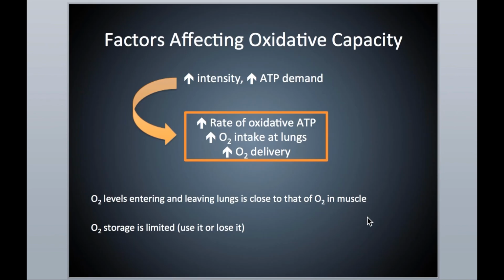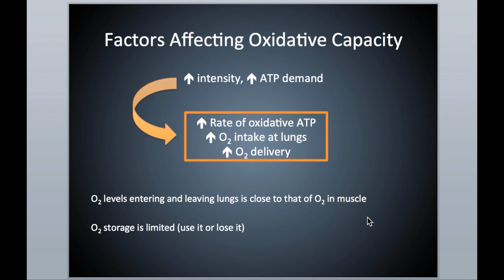Now, some of the factors affecting the oxidative capacity of the body: if you increase the intensity of the exercise, you're increasing the ATP demand. You need more ATP to keep on going, especially to keep on going with that intensity. So you need to increase the rate of oxidative ATP that you're creating through the Krebs cycle and all these systems.